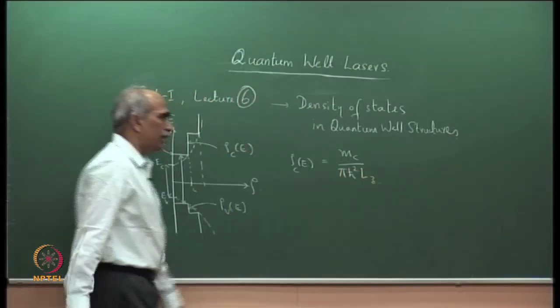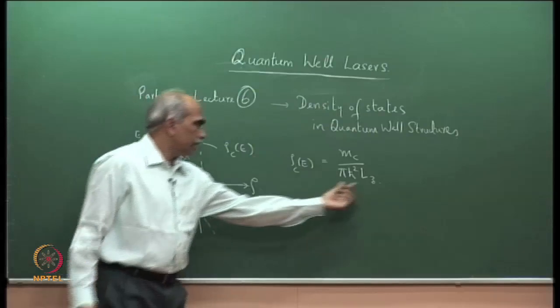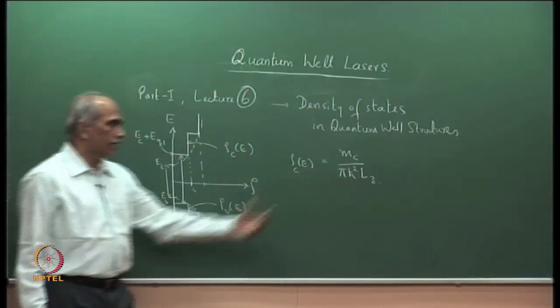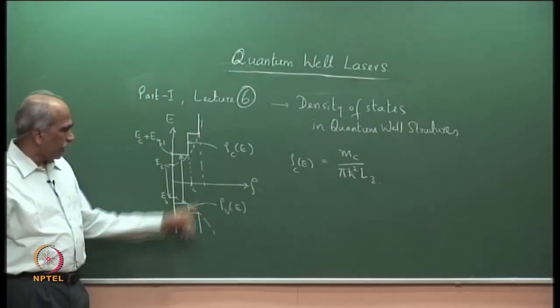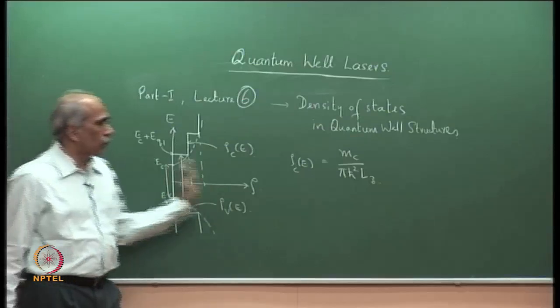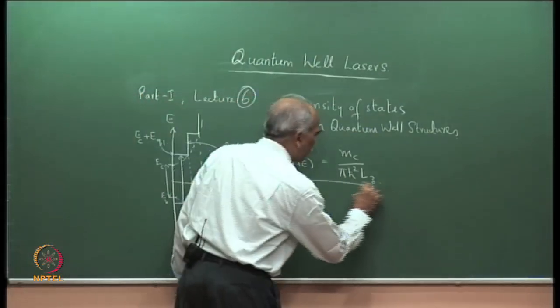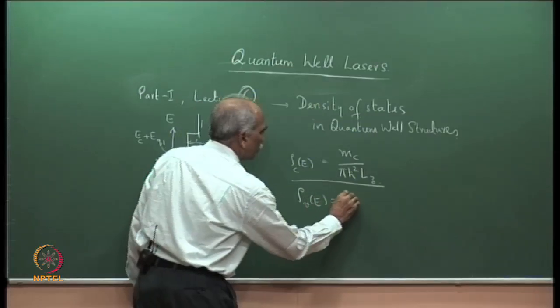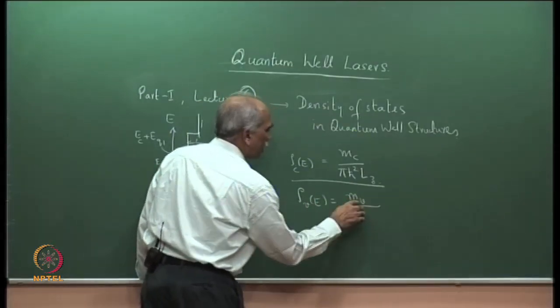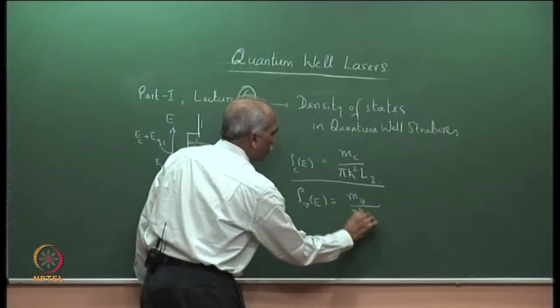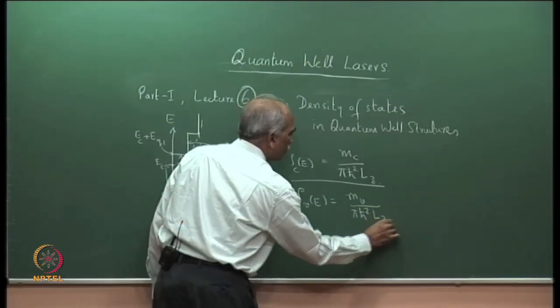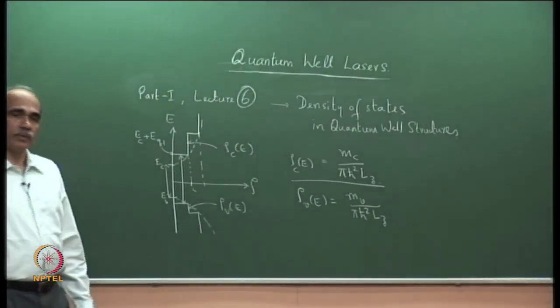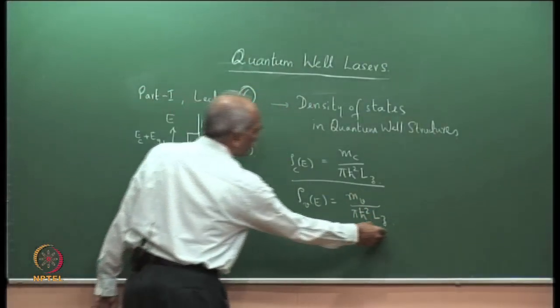We had considered Lz as the thickness of the quantum well in the z direction, and this is 2 times and so on. This is the density of states, and for the valence band rho v of E is equal to mv, where mv is the effective mass of holes in the valence band, divided by pi h cross square into Lz. So, this is what we have seen.